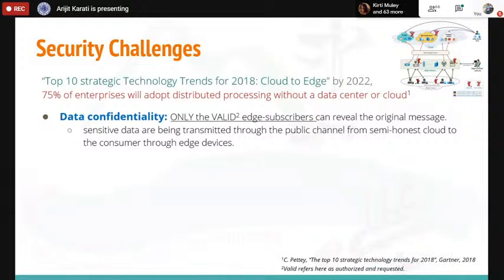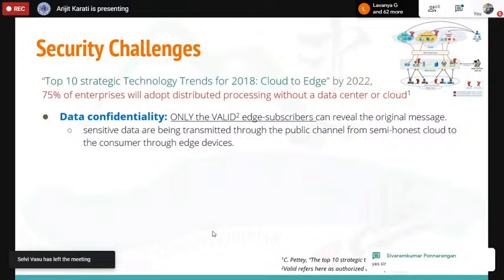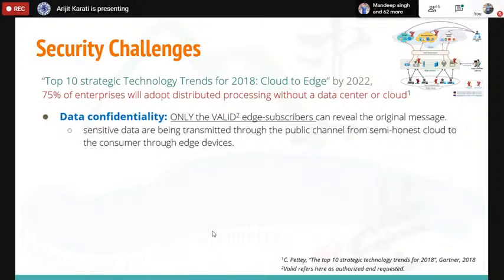Yes, sir. So my question is about this data confidentiality. We all know what data confidentiality means, so I'm not discussing that part. In the last session we also saw the RSA algorithm and the Diffie-Hellman key exchange algorithm.